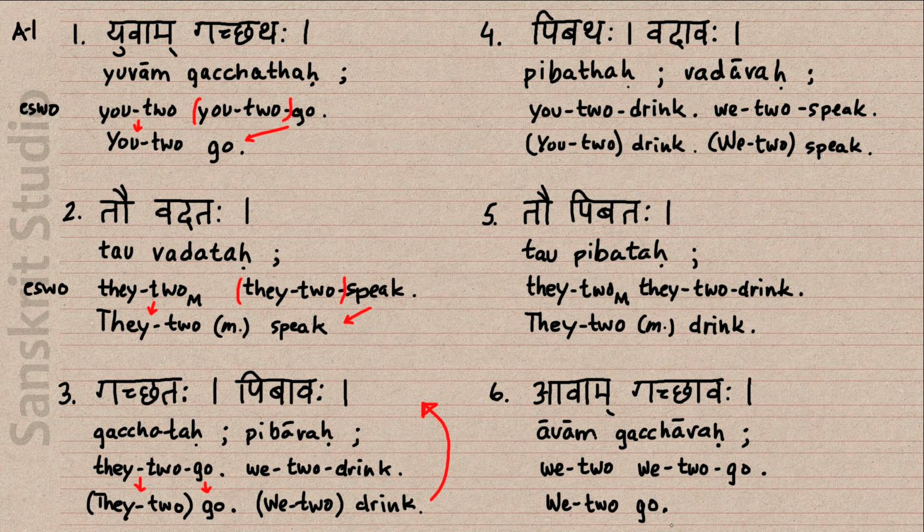Alright, so I think that is pretty good. Maybe I should just proofread this. Yuvam gachathaha, you two go, yes. Tau vadataha, they two speak. Gachataha, pibavaha, they two go, we two drink.